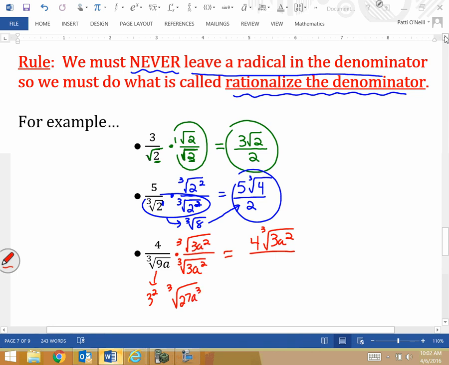The cube root of 27a cubed is 3a. Final answer. I know there are going to be questions on this, so I expect you guys to ask about what you don't understand, and we'll definitely do some more practice problems in class together.